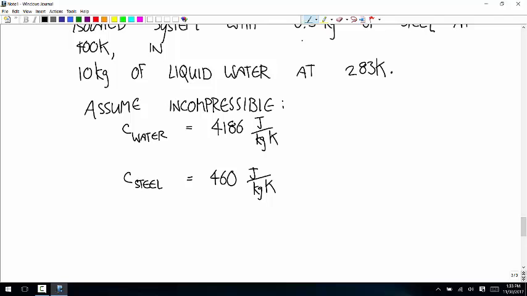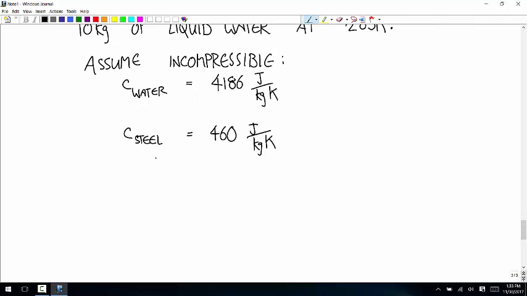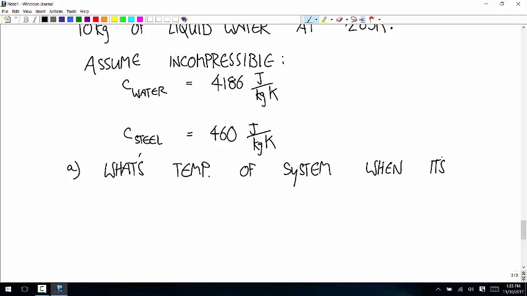And we're going to do two things. First, we're going to figure out what's the temperature of the system when it's at equilibrium. And second, the question is, how do we know that it goes from the different temperatures to equilibrium and not equilibrium to those different temperatures?